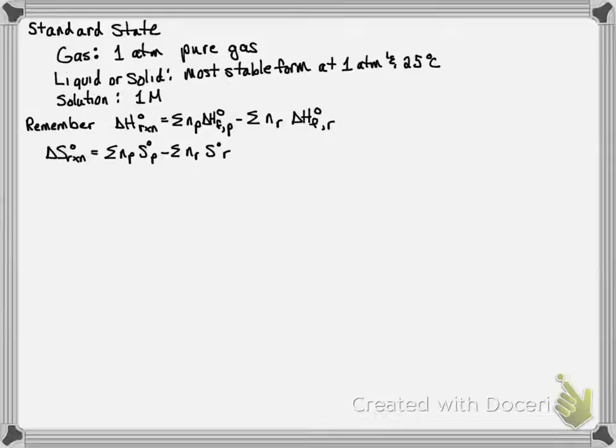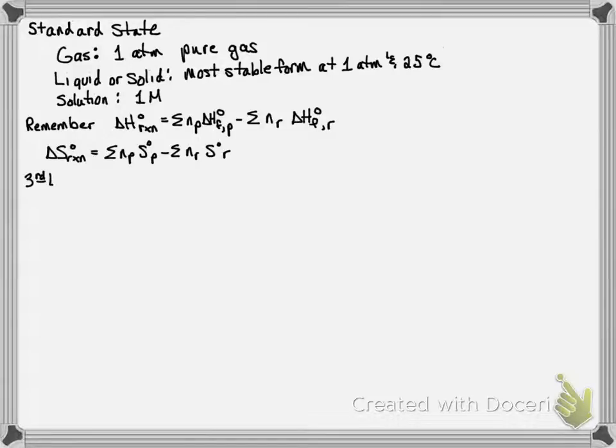Notice that these are not changes of entropy. That is just the entropy of the products and the entropy of the reactants. These are tabulated values. Be careful about units, because entropies are in joules per mole Kelvin, and the enthalpies are in kilojoules. So you always want to watch units for everything in thermodynamics.